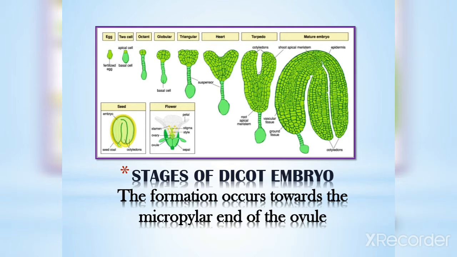So you can see the stages of the embryo here, right? This is the globular stage, heart stage is there, and this is the adult form of the embryo, right? So there are different stages in which the transformation of the embryo occurs, and slowly the development occurs. The suspensor tries to push the embryo towards the endosperm region.